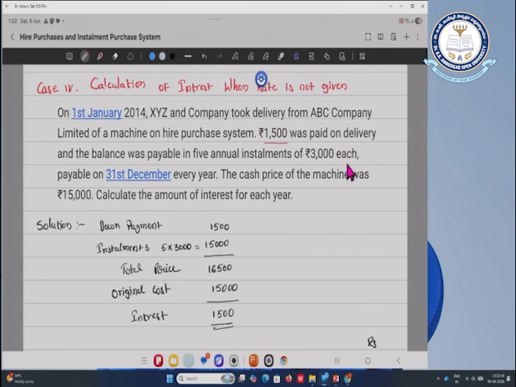Every December 31st we pay that installment. The cash price of the machine is 15,000 only. So machine cost is equal to 15,000. This is the cash price.